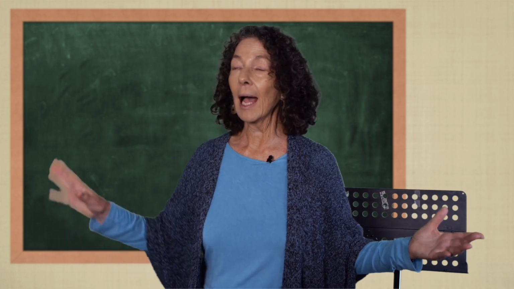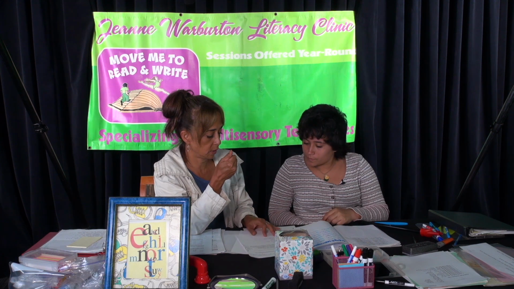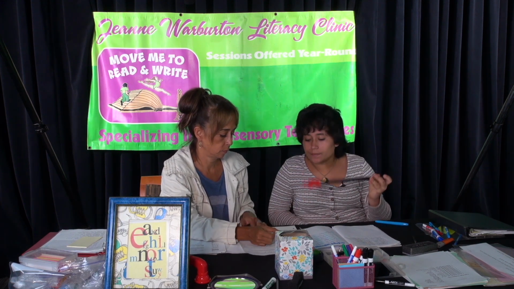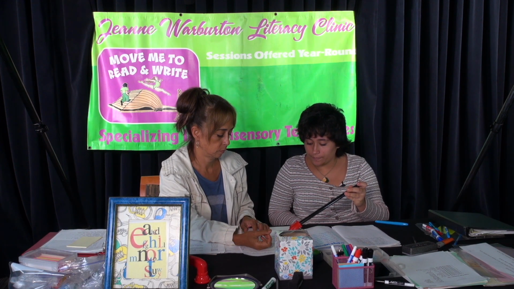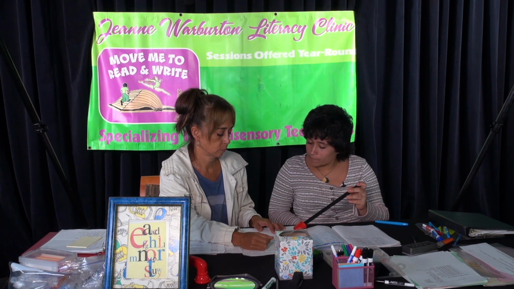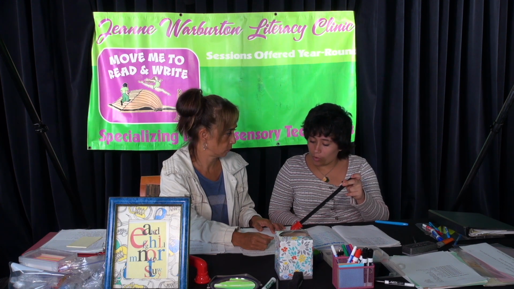Okay, so how many types did we go over today? Repeat what they are. Silent E. R controlled, closed, and open. And wasn't there one more? I think you just went over the final four.